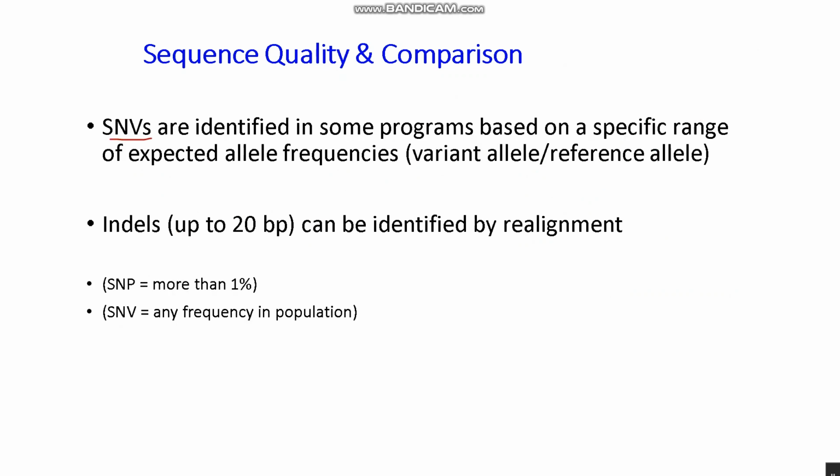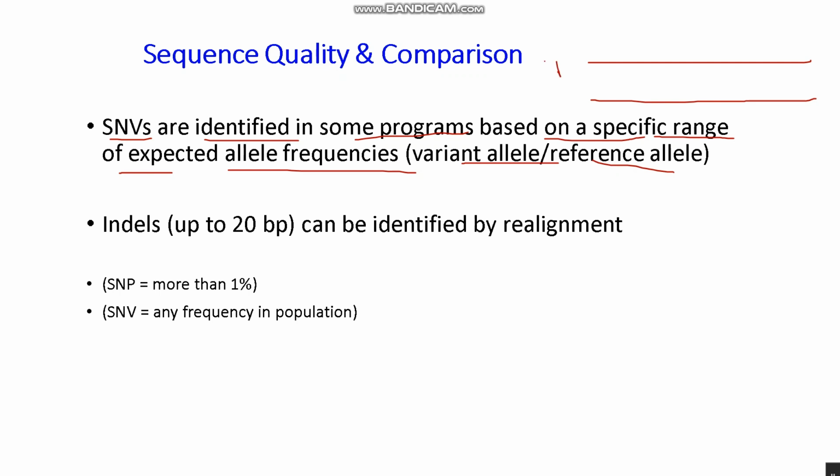Okay, SNVs are identified in some programs based on a specific range of expected allele frequencies, the variant allele and the reference allele. When we compare the test sample or variant sample sequence with the reference sequence, we check if there is any SNV or SNP.